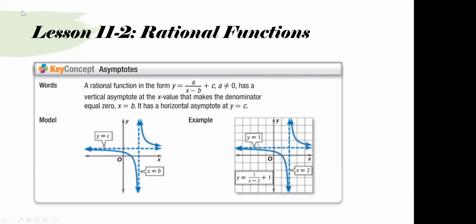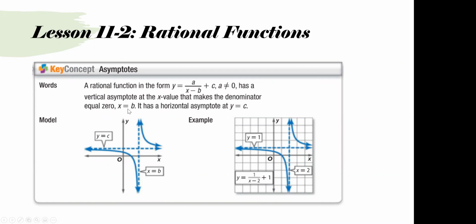All right, so then we also have asymptotes. A rational function in the form of y equals a over x minus b plus c, where a is not equal to 0, has a vertical asymptote at the x value that makes the denominator equal 0, so where x is equal to b. That's the one we were just talking about.